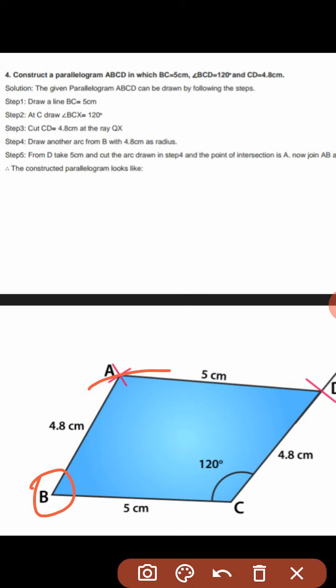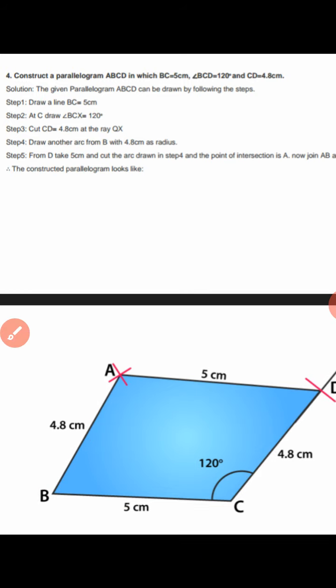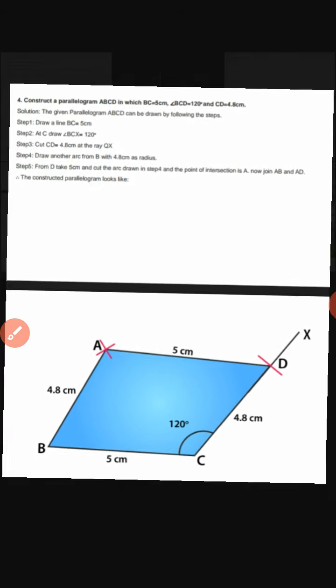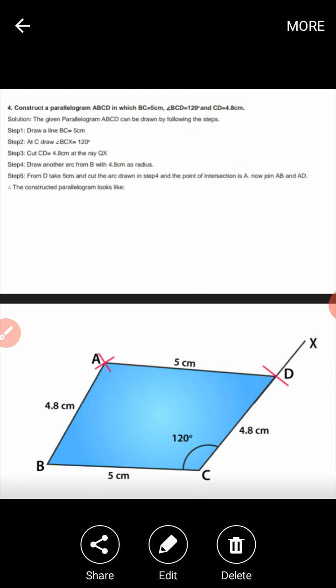Then from point D, we have to take a 5 centimeter radius and cut at point A. Then AD will be joined and AB will be joined. So in this way we can join all these lines, and parallelogram ABCD will be formed.